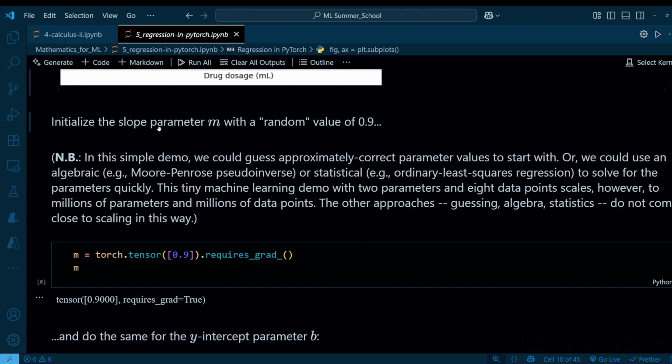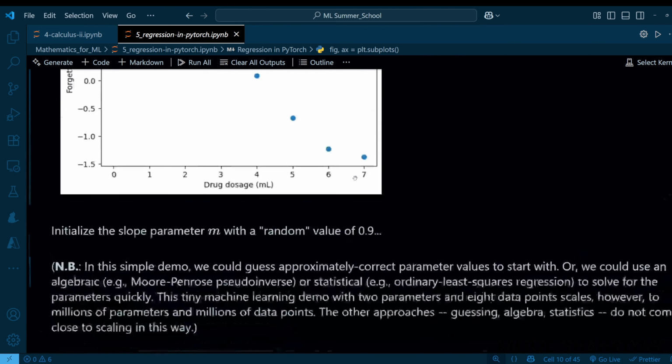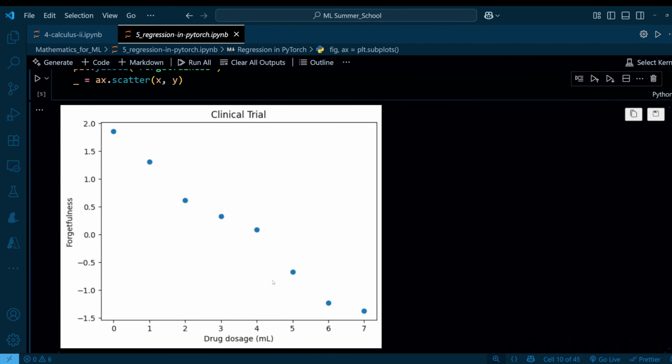Now here you can see we initialize the slope parameter with a random value of 0.9. What's that? That means these are some sort of points. If you have learned linear algebra with me, you know that we have some sort of linear line out here, and depending on that line, if someone says they want a dose of maybe 3.5 milliliters, how much would the forgiveness score be?